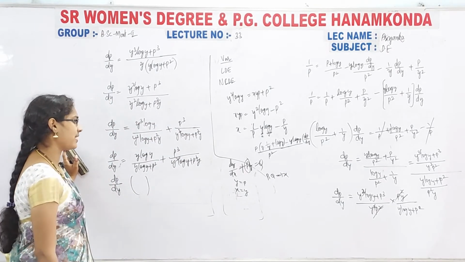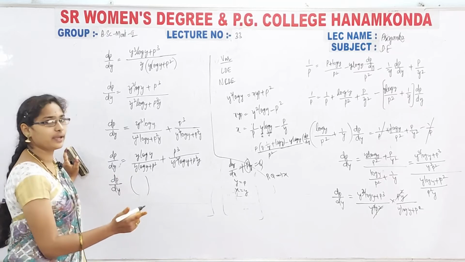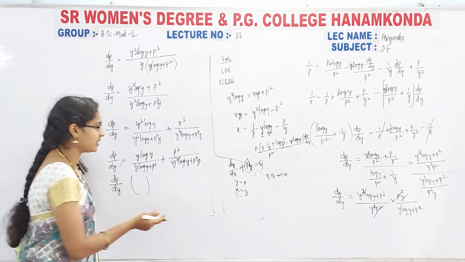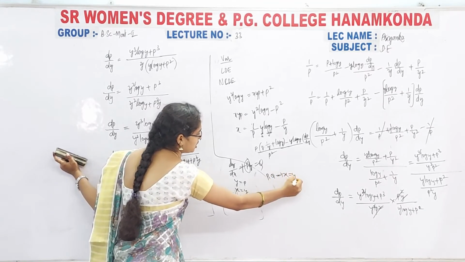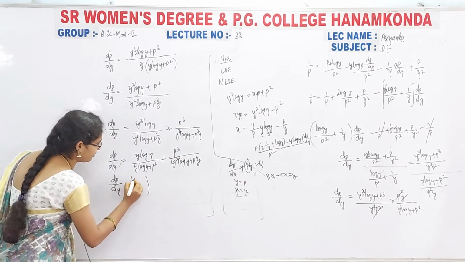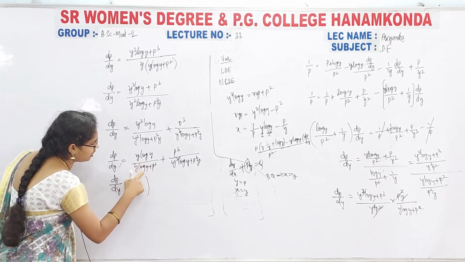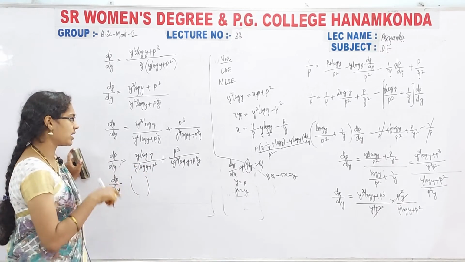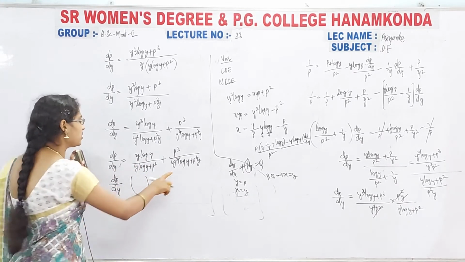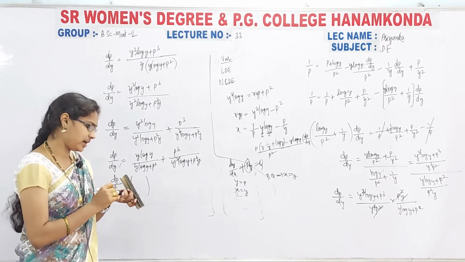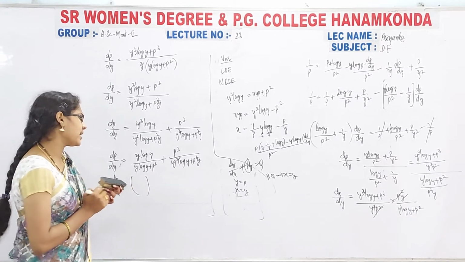Now in the place of y we have p, which is equal to y. So that's why here I have y log y by y log y plus y square. So here I am getting p square, and here also I am getting p square. So in any way we are not getting that one, right?